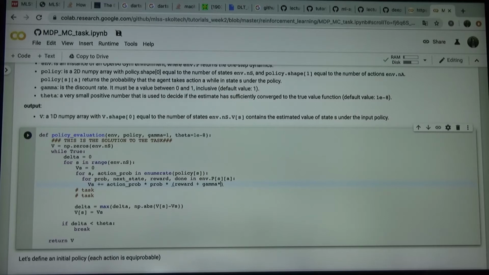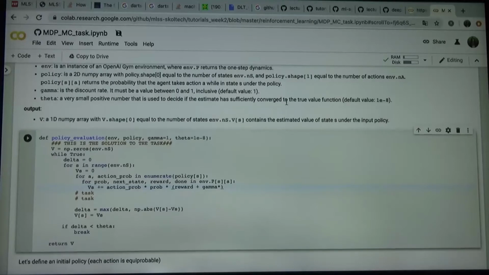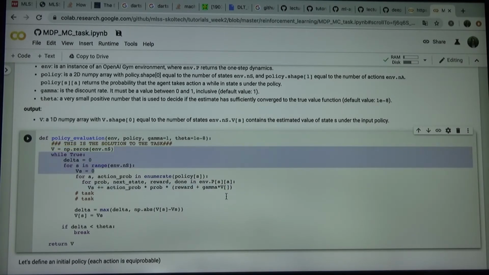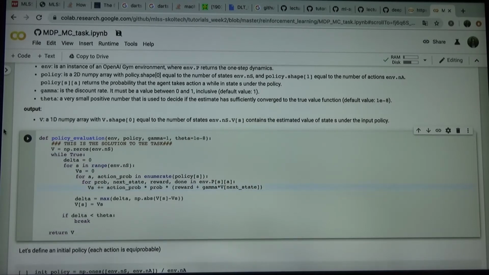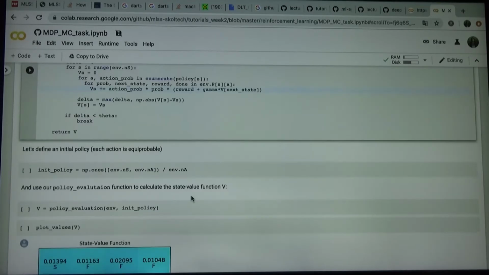And we're going to multiply it by V. So we have defined V as an array, so V of next state. Okay, I hope it works.